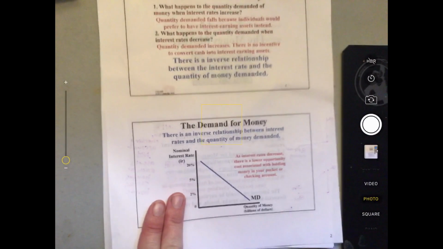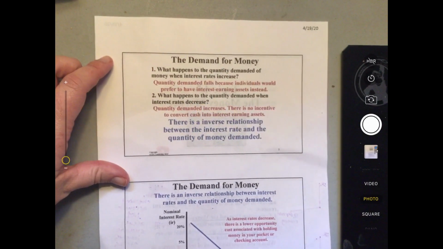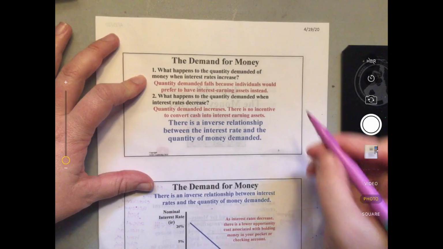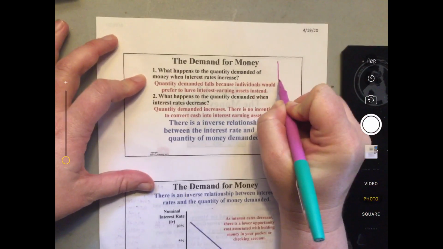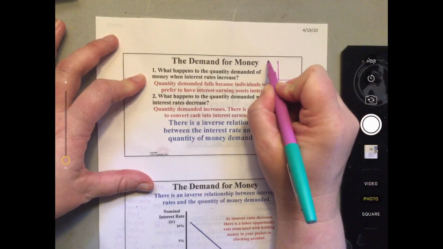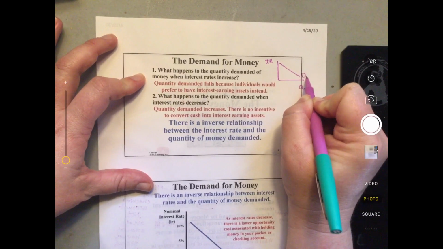Okay, moving on. The demand for money. What happens to the quantity demanded of money when the interest rates increase? Let's draw this again. X-axis, quantity of money. Y-axis, interest rate. Downward sloping demand for money.